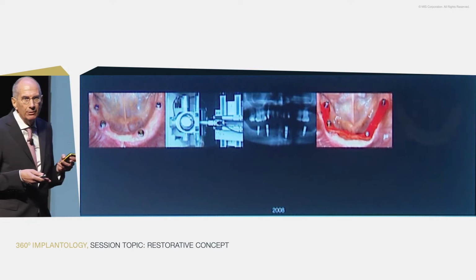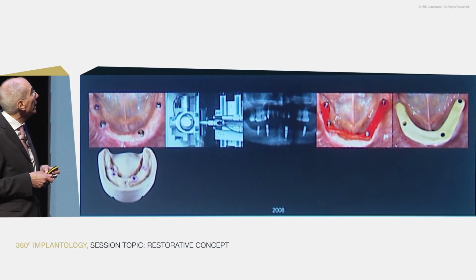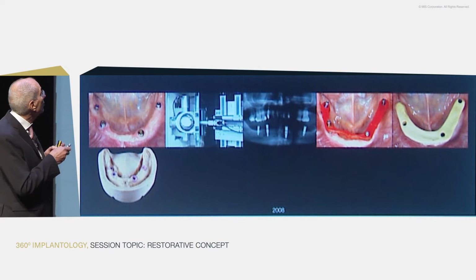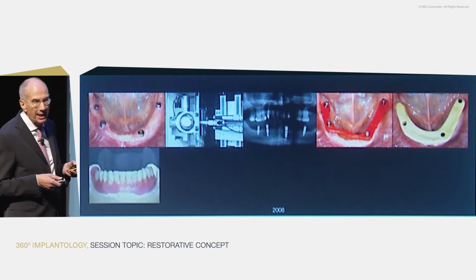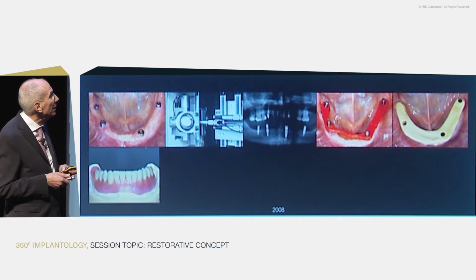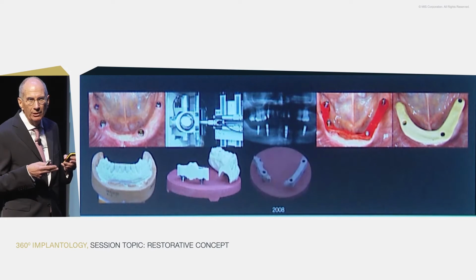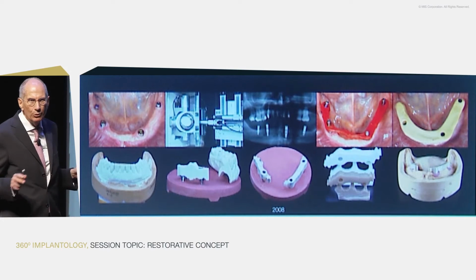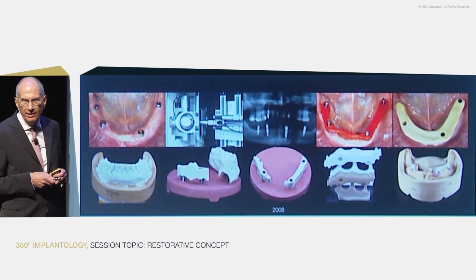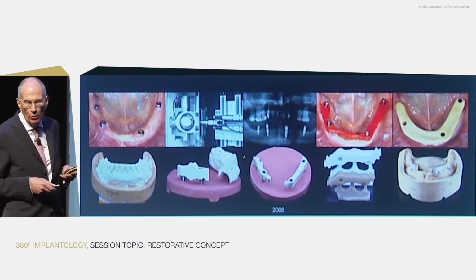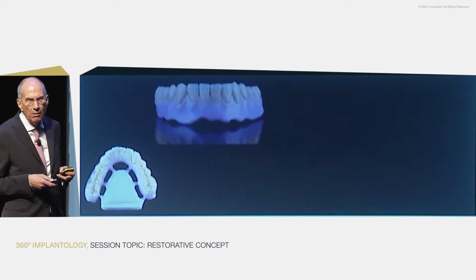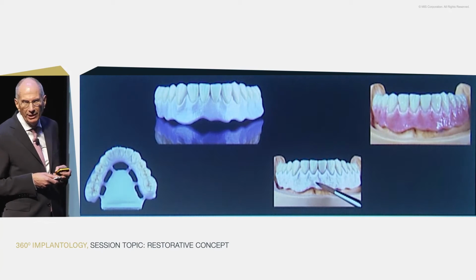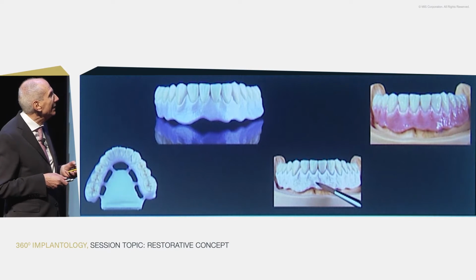If we go about 20, 30 years later, today, we can place implants where they are needed. We have, again, an overdenture construction. We can do it step by step, but we can now use different materials, and we can do our restoration without any metal by only using zirconia. You see a fully zirconia bar, and a fully zirconia overdenture fabricated without any metals.